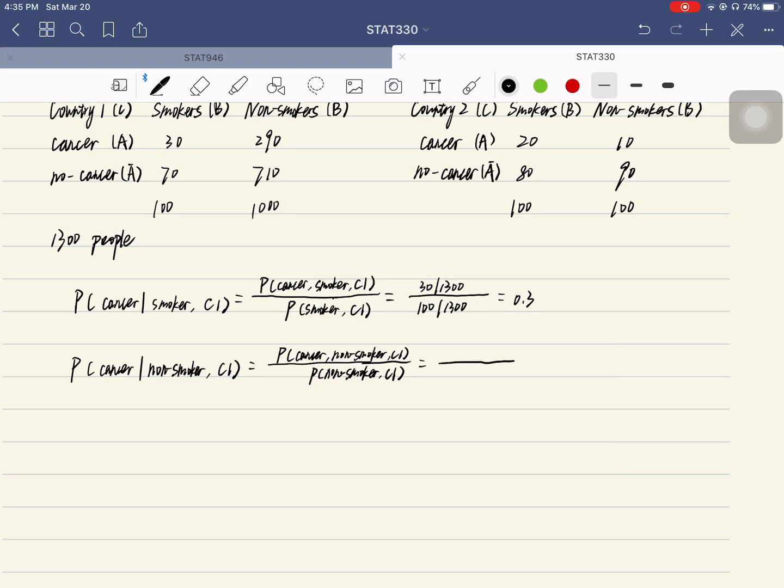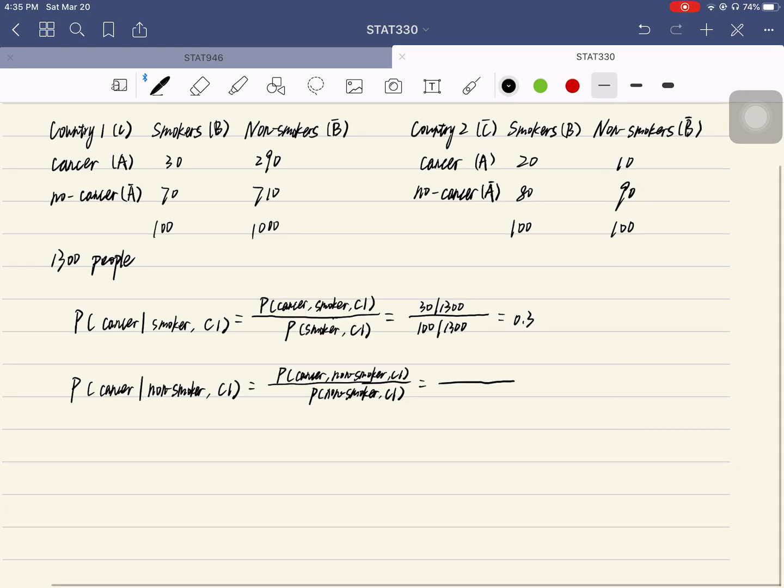From the data in the table, we can see that the probability of cancer given non-smoker in country 1 is equal to 290 divided by 1300, while this one is 1000 divided by 1300, which is exactly 0.29.